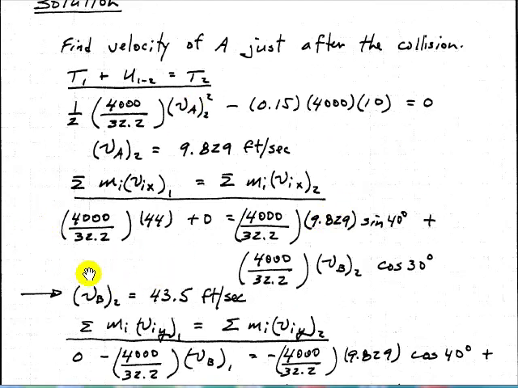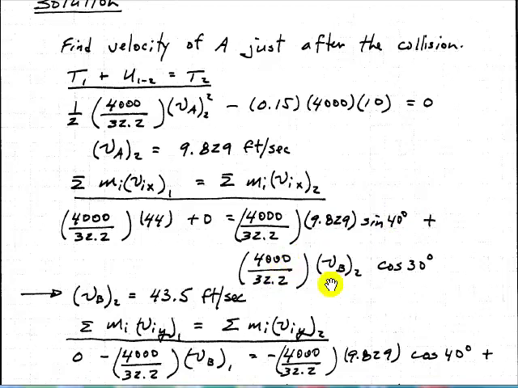Car A enters the impact zone with a speed of 44 feet per second, so that's its momentum. Car B enters the impact zone with 0 momentum in the x direction. Car A leaves the impact zone in the x direction having mass times its total velocity times the sine of the 40 degrees, that's the direction it's leaving.